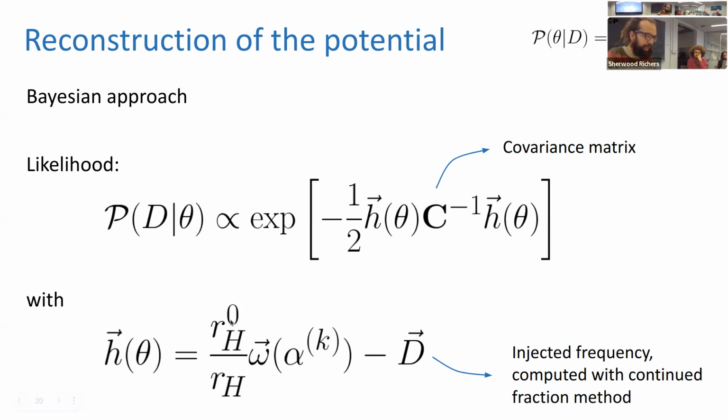And here it's just a rescaling, because we don't know what our h is, so we rescale it by its value in general relativity. Then we multiply by the covariance matrix, which takes into account if there is some correlation between different modes.